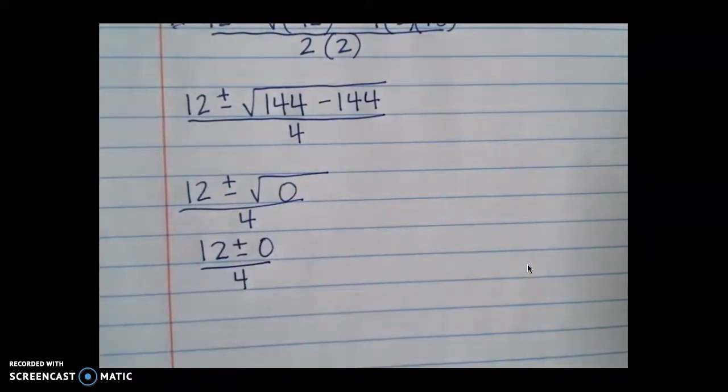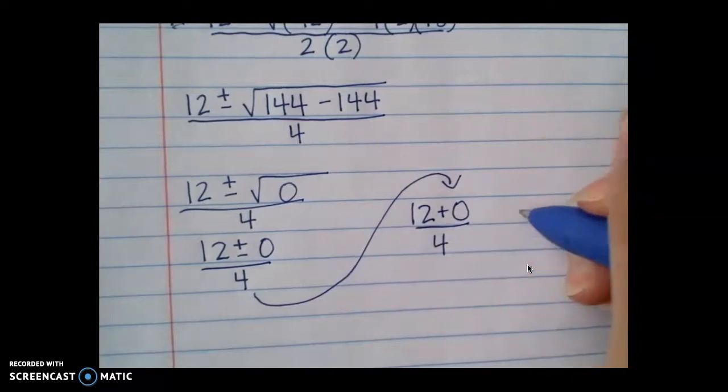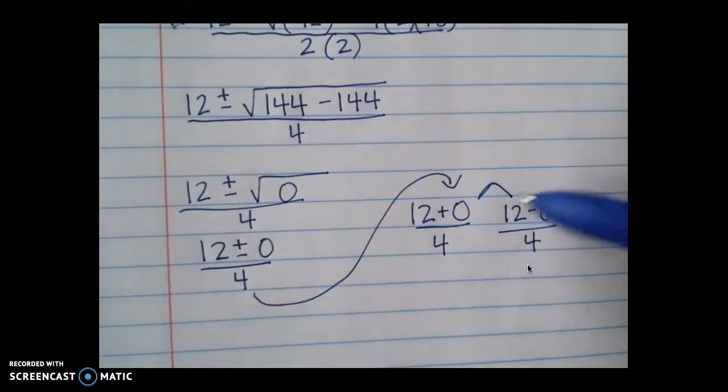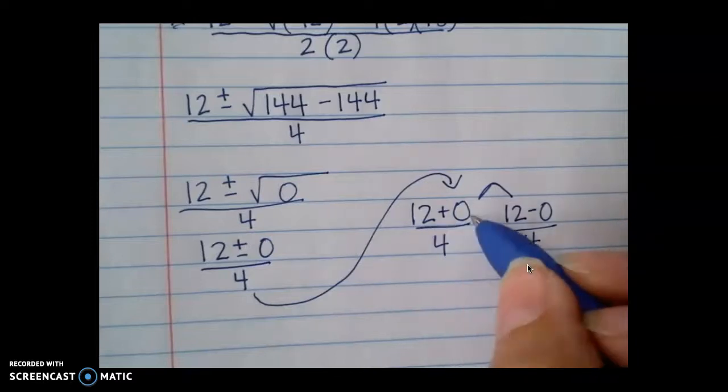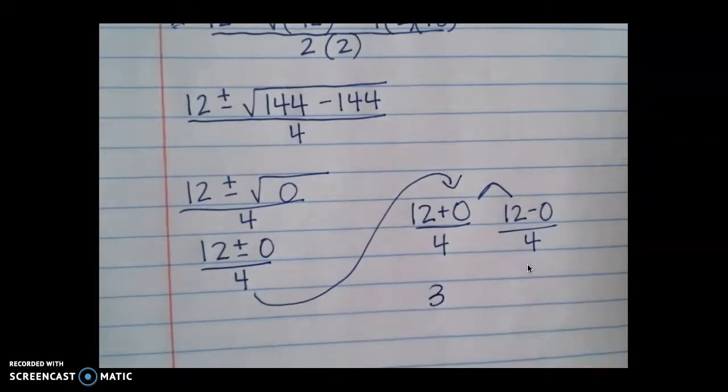This is interesting because when I branch it off into 12 plus 0 divided by 4 and 12 minus 0 divided by 4, 12 plus 0 and 12 minus 0 are going to be the same thing. So this is an example where there's only one solution, because 12 plus 0 divided by 4 is 3, and 12 minus 0 divided by 4 is also 3.